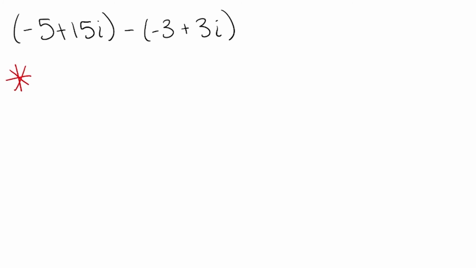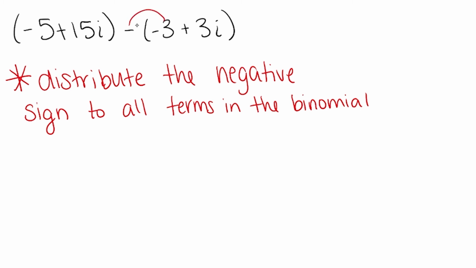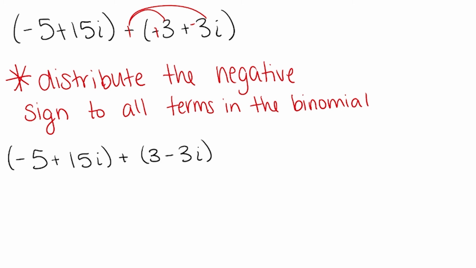Next we have negative 5 plus 15i minus negative 3 plus 3i. Again, we want to distribute that negative. So we'll distribute it to our negative 3 and to our 3i. When we change all the signs, our expression becomes negative 5 plus 15i plus positive 3 minus 3i.